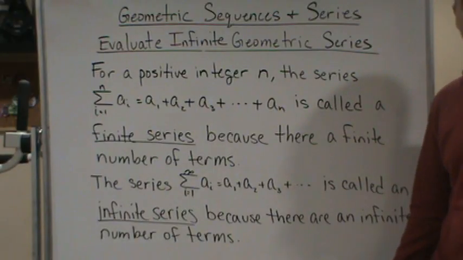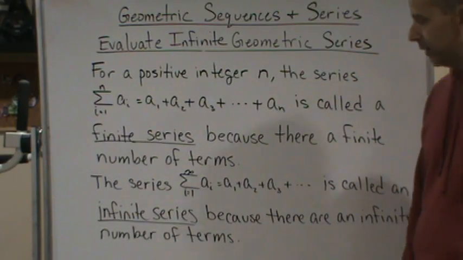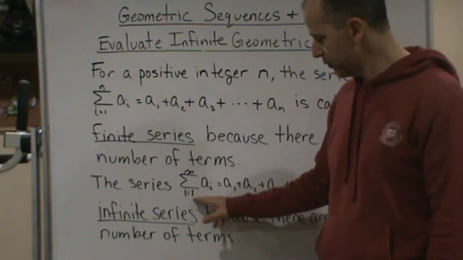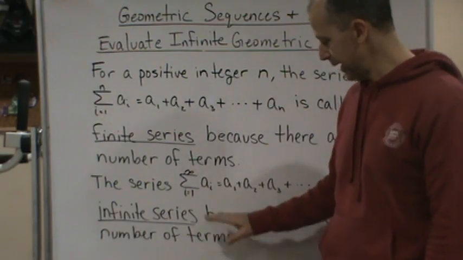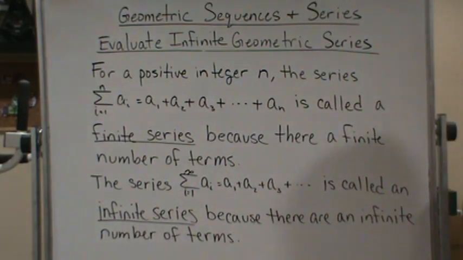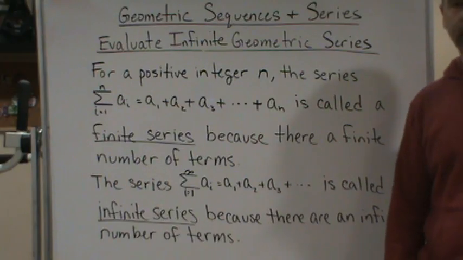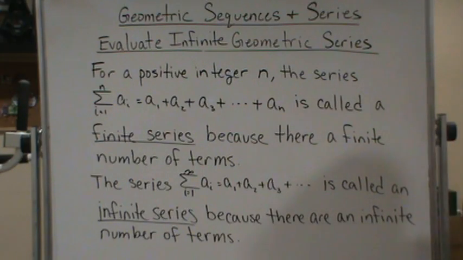That's it. The series where i goes from 1 to infinity of a sub i is called an infinite series because there is an infinite number of terms. It's that simple.